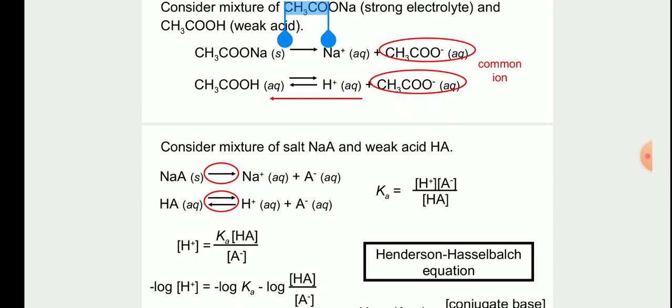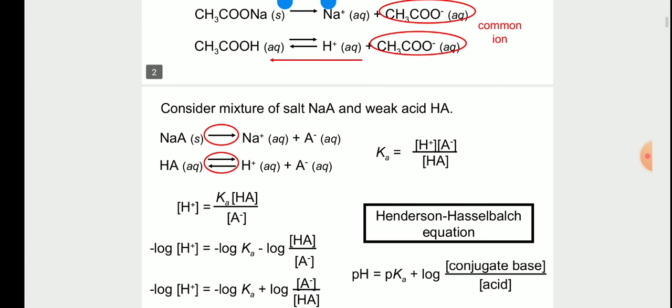This type of mixture of salt and weak acid actually forms a buffer solution, and for this the pH is not determined simply by the concentration of the H+ ion only; here the concentration of the salt plays an important role.